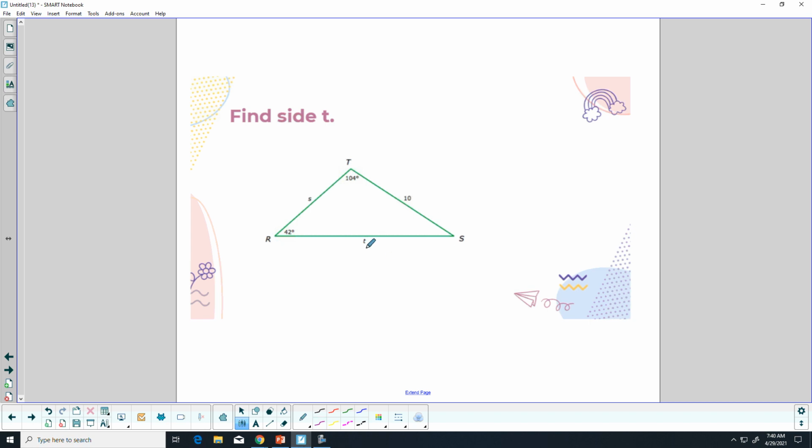Alright, on this one, I have to find side T. So, right there, I can make a ratio. So I'm going to use the law of sines. So 10 over sine 42, and my other ratio is going to be side T over sine 104.